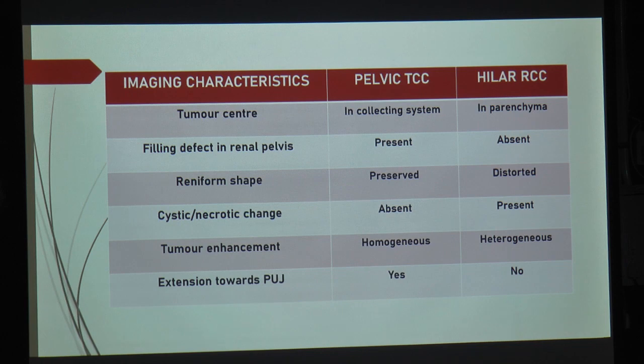Cystic or necrotic change is much more common in RCC as compared to TCC. TCC has less intense but homogeneous enhancement, while RCC has much more intense but heterogeneous enhancement. Extension towards the PUJ and ureter may not always be seen, but if it appears, it's almost always tending towards pelvic TCC.